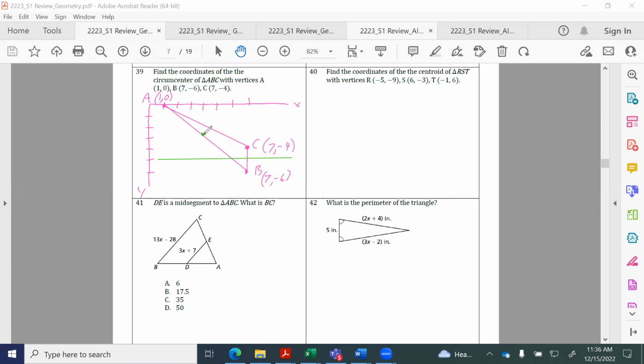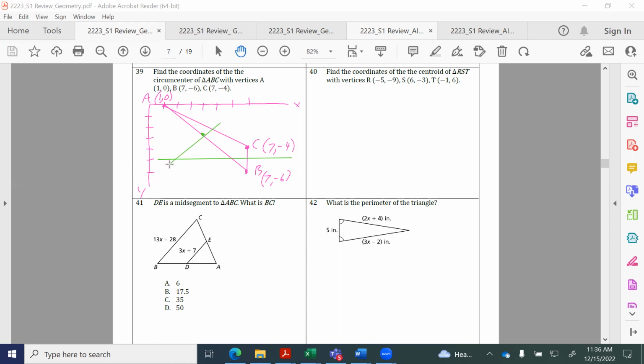Now, to do my perpendicular bisector, I'm going to have to go from this point and do the opposite reciprocal slope of this line. Well, this slope, if you look at our graph, you go down 1 over 1, down 1 over 1, right? It's -1. So we want a slope of +1. So either up 1 over 1 and get a point here, or down 1 over 1 and get a point here, but we're going to have a line.